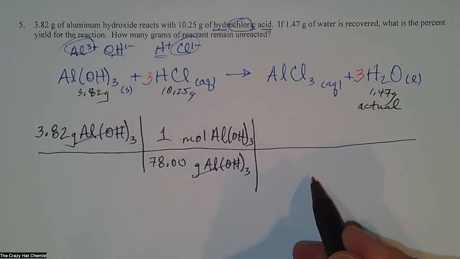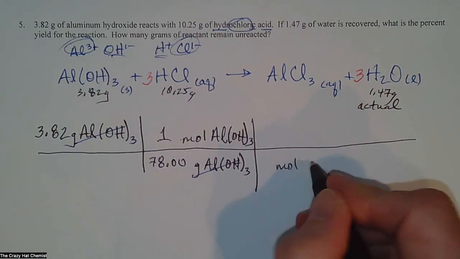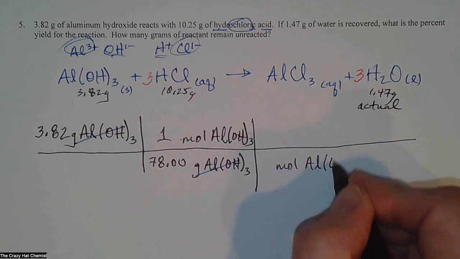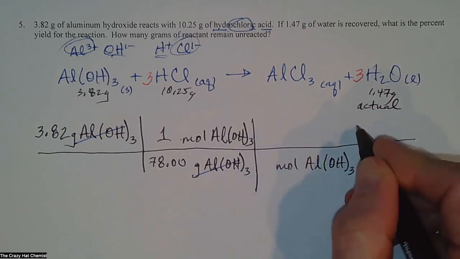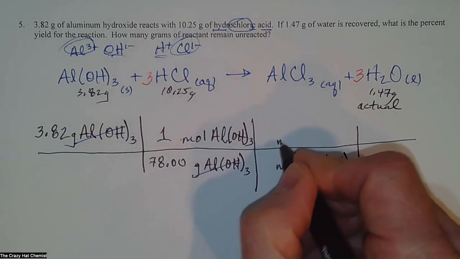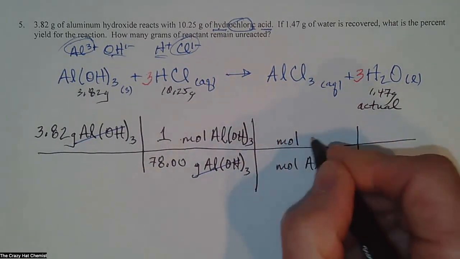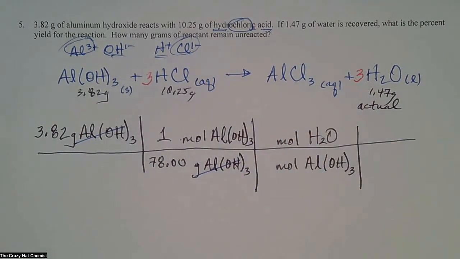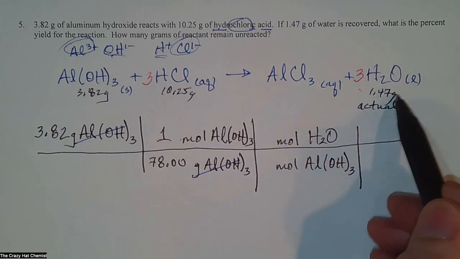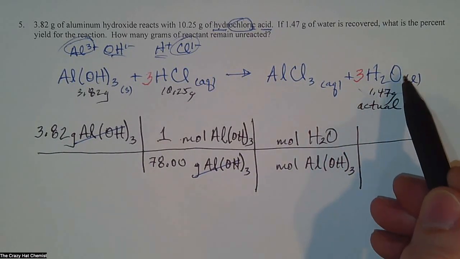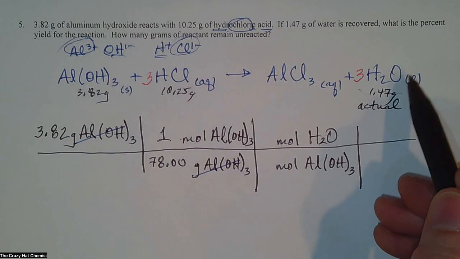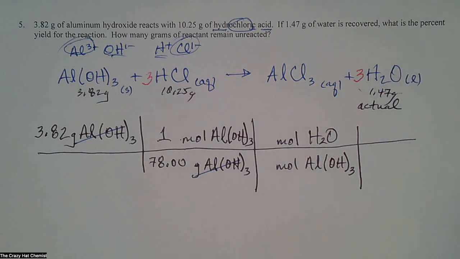That will now enable me to cancel out the grams of aluminum hydroxide. Now here down in the bottom, I'm going to have moles of aluminum hydroxide, and then moles of whatever it is that I want, which in this case is water. Again, I'm going to the water because I have the actual value for water and I want a percent yield. So I'm going to actually have to get this eventually anyway.